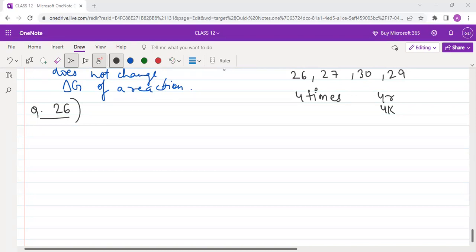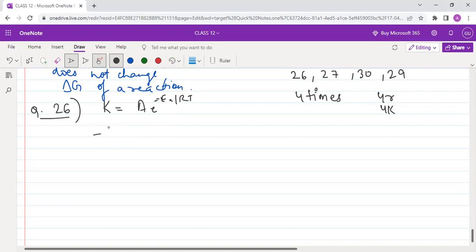Okay, let's discuss. Okay, ma'am. So in question number 26, k is equal to A e raised to minus EA by RT. You must have equated this equation. Yes, this question is easy.